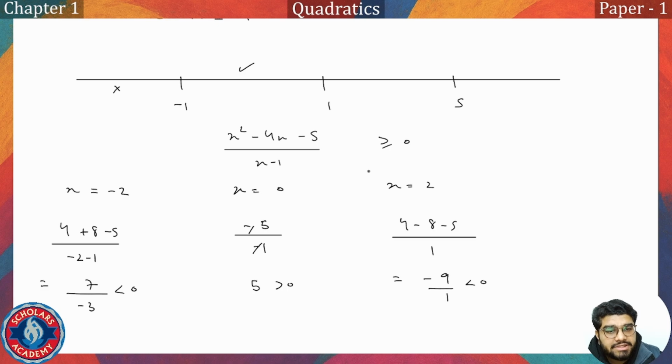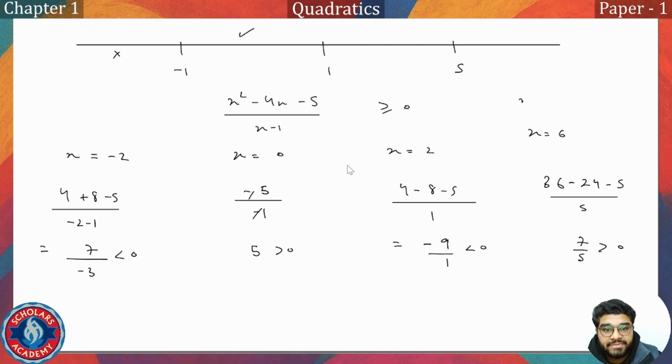I don't want this interval. Let's check values above 5. So x = 6. If I substitute that, 36 − 24 − 5 divided by 5. So if I check this, −29 and plus 36, I get 7 over 5. It is greater than 0.